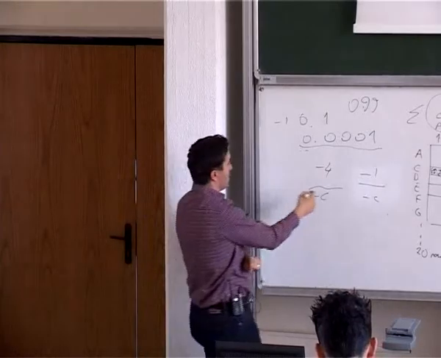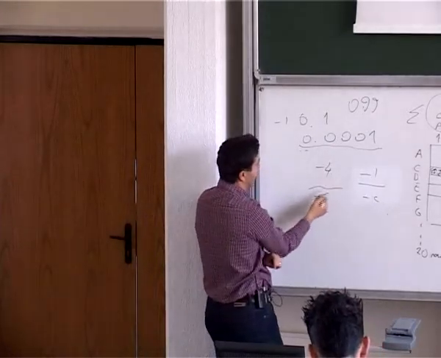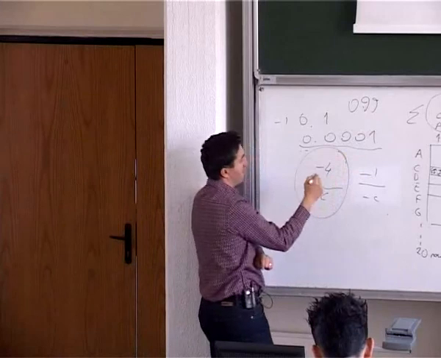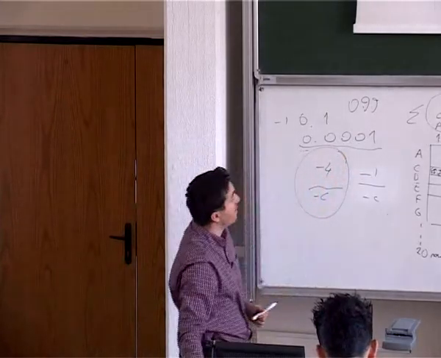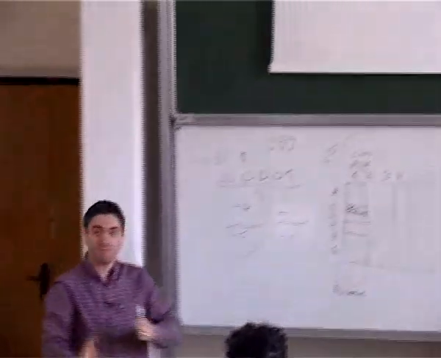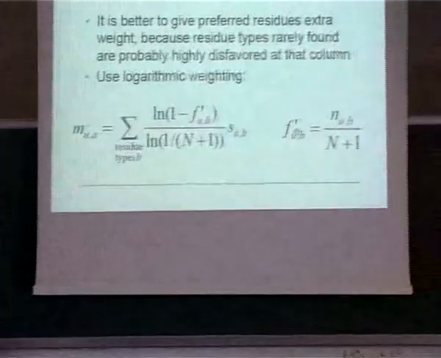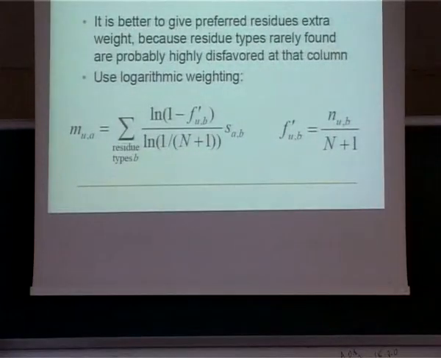So this shows us that if this f prime is closer to 0.999, you are going to have a higher effect in this weighted average.